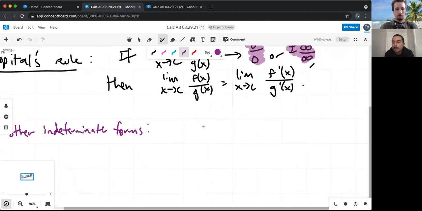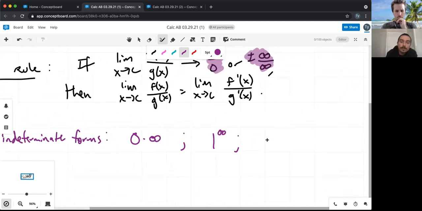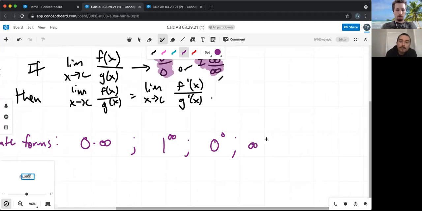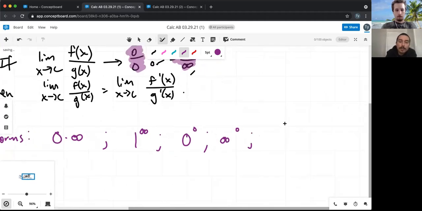So some other ones are 0 times infinity. If you do the direct evaluation, you get 0 times infinity. This is an indeterminate form. Another one is 1 to the infinity. Another one is 0 to the 0. And another one is infinity to the 0. And another one is infinity minus infinity.